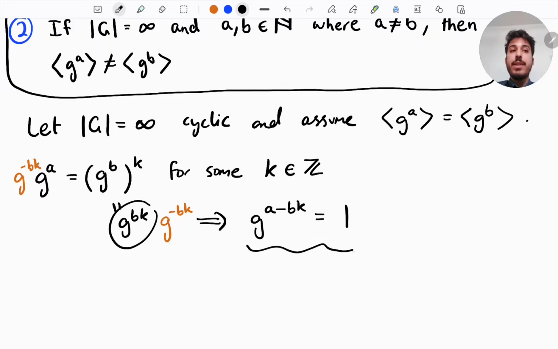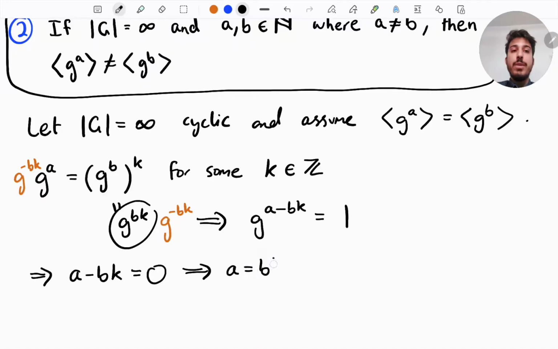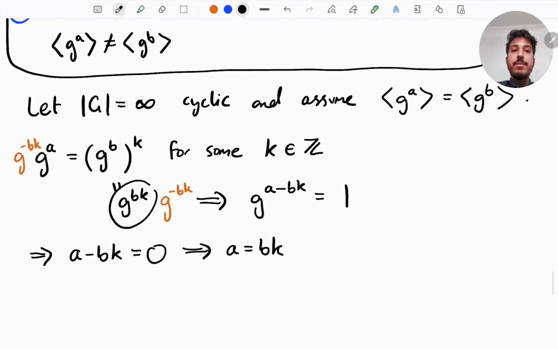And remember what I said, if G to some power gives the identity in an infinite group, then we should have that A minus BK is equal to 0. So this implies that A is equal to BK, which implies that B divides A.